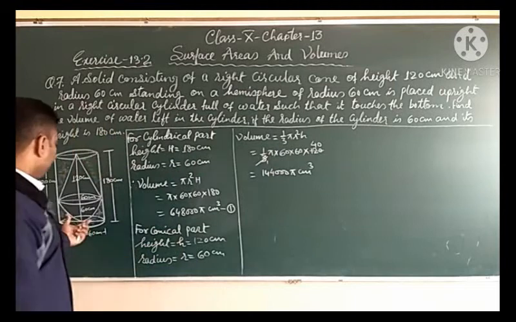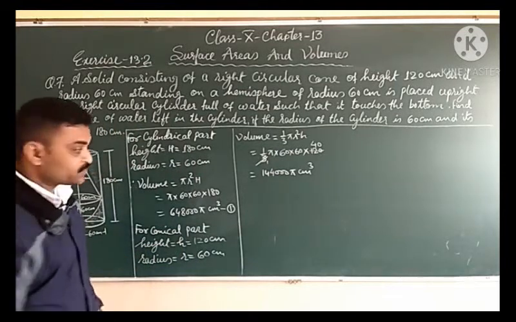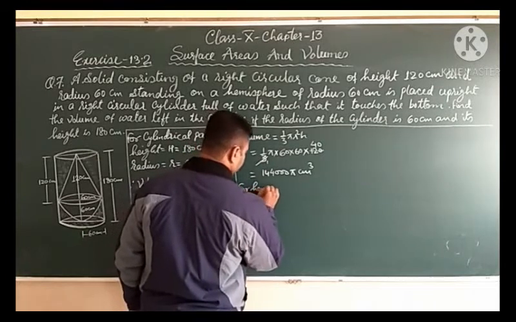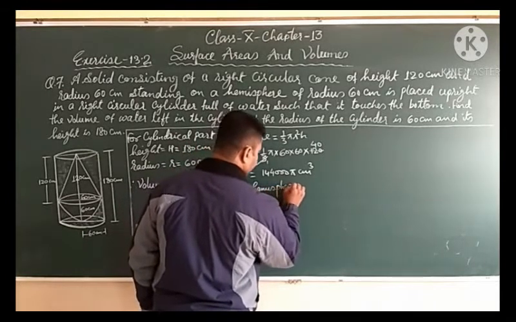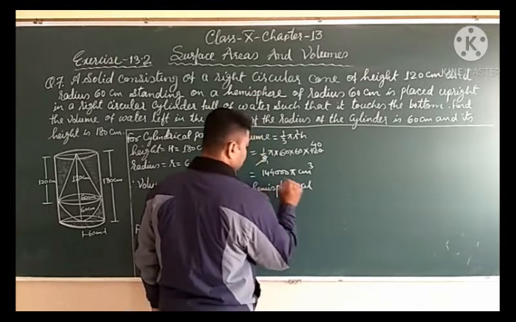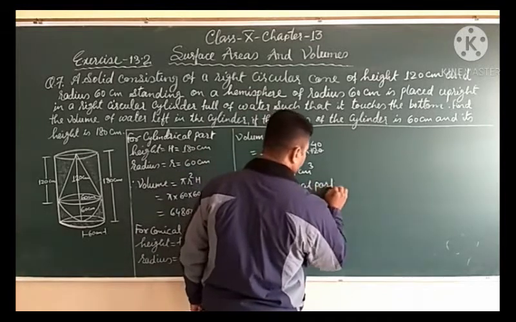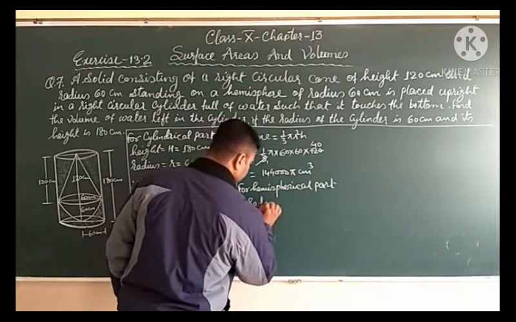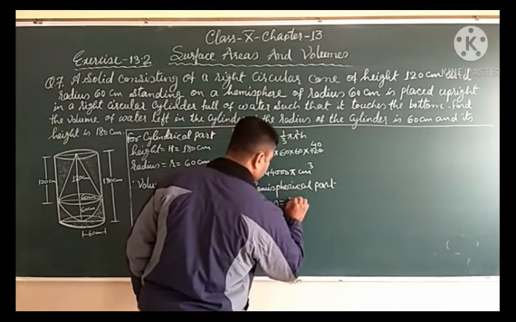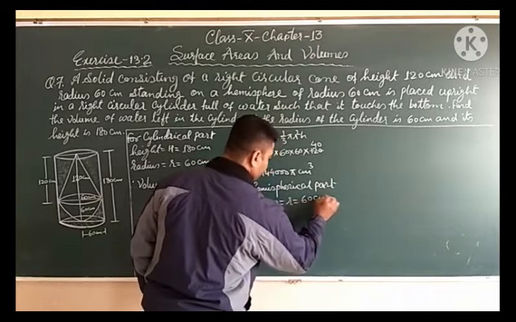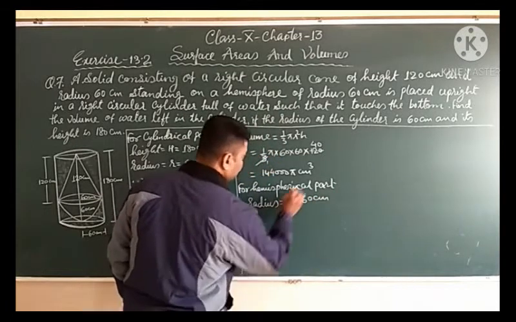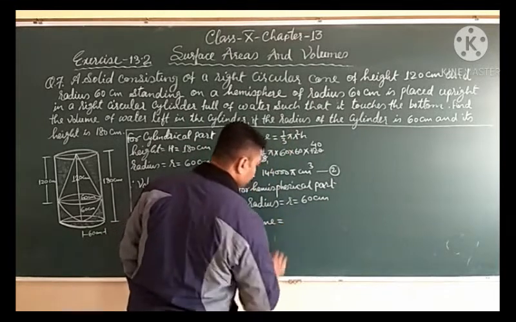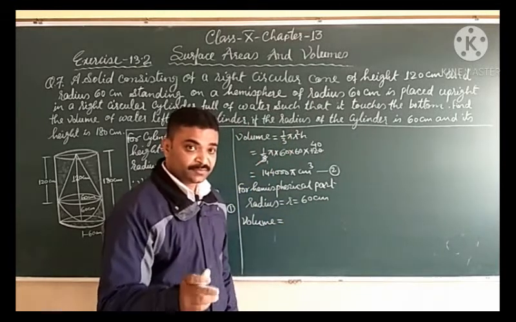Now we will find the volume of the hemispherical part. Radius r is equal to 60 centimeter. Then volume, it is our second part. What is the volume of a hemisphere?